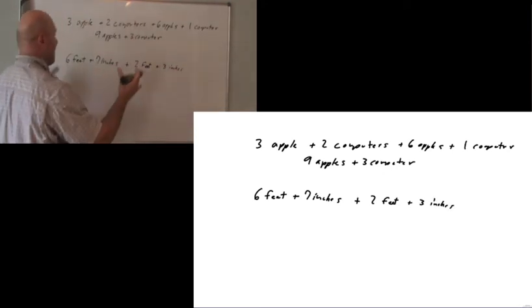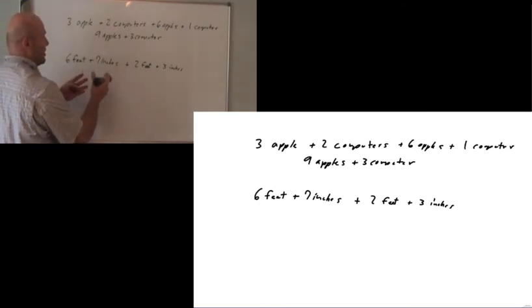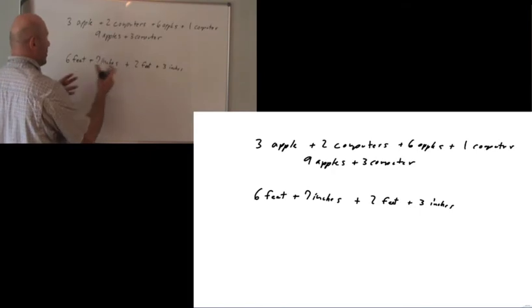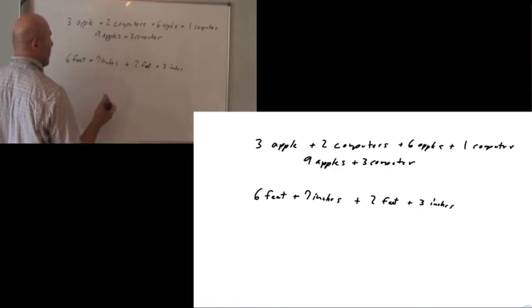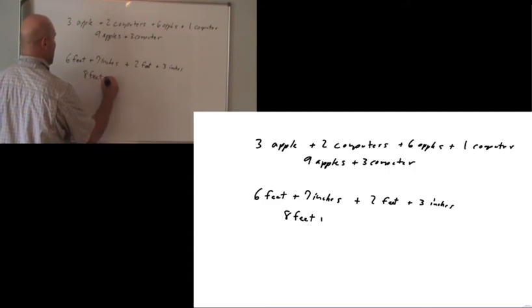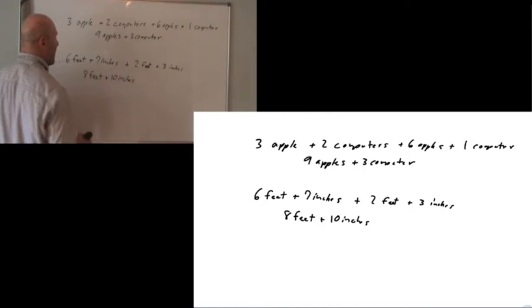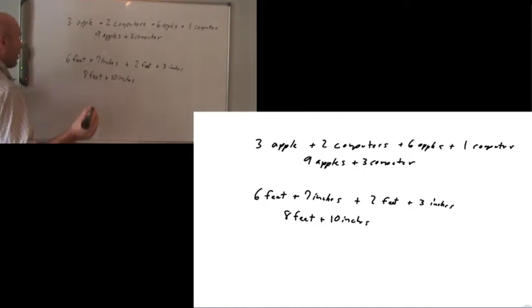In that case, I could begin to combine the things that are alike. Yes, I can convert inches into feet and feet into inches. At the same time, I can also just leave it in this situation, which mirrors the idea of what we're doing with like terms. So together we would have 8 feet and 10 inches. Okay? Probably a little bit more realistic situation.